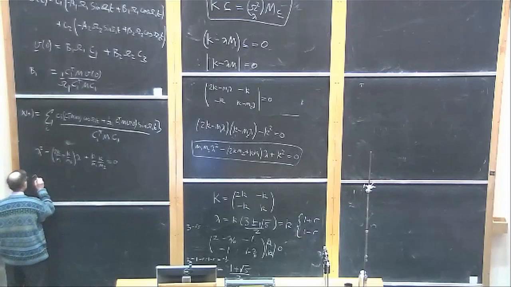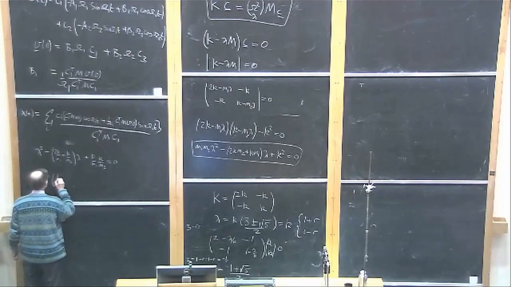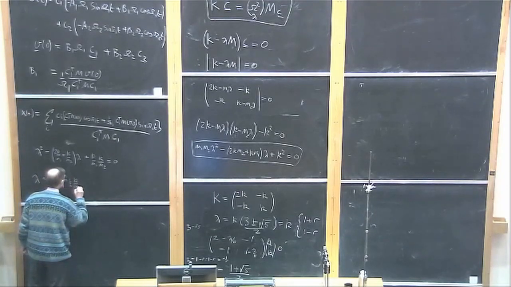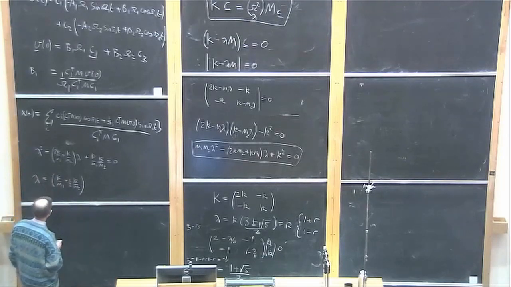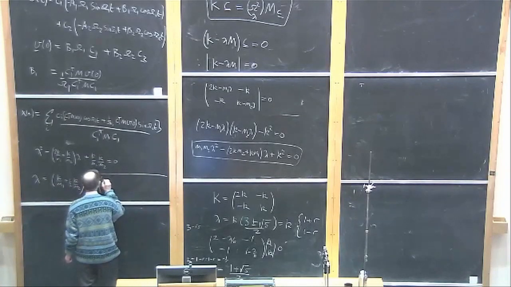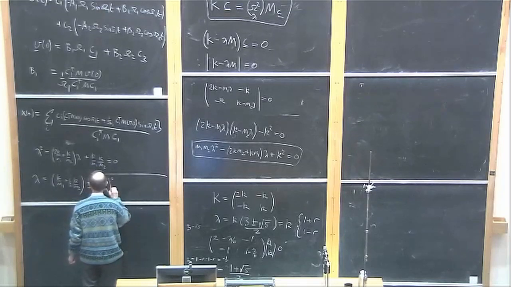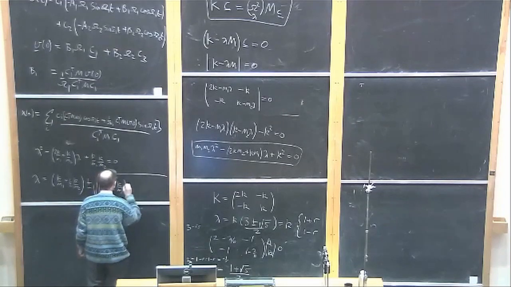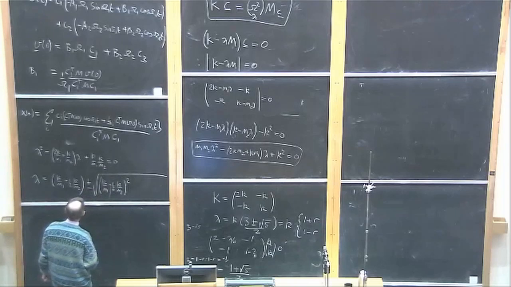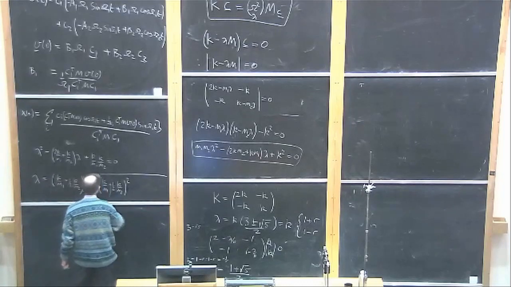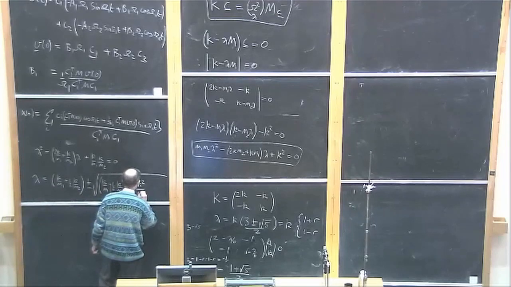And so lambda is k over m1 plus a half k over m2, plus or minus the square root of that thing squared, k over m1 plus a half k over m2 squared, minus AC, where that is k squared over m1 m2.